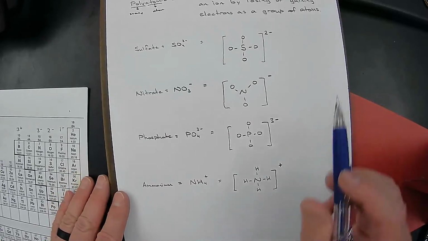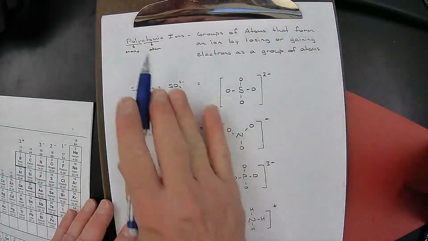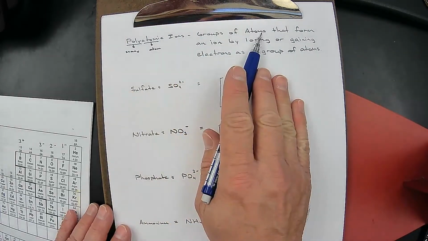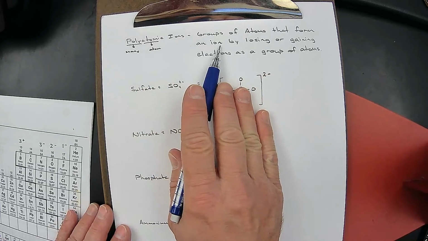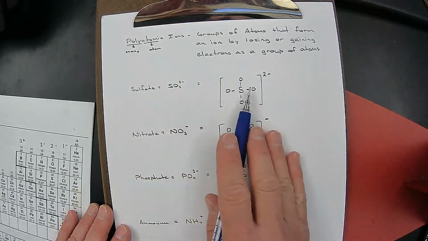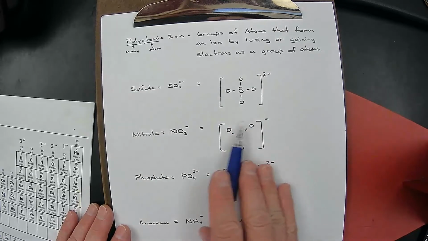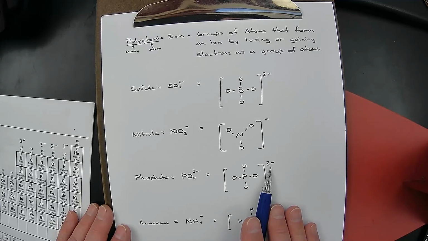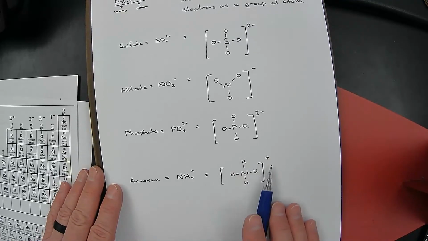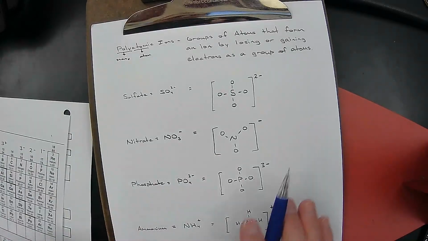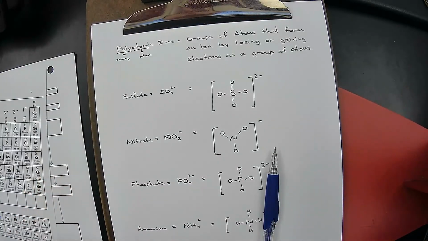But I want to remind you that polyatomic ions are simply a group of atoms that form an ion. Many atoms coming together, and then as a group gaining 2 electrons, or as a group gaining 1, or as a group gaining 3, or as a group losing 1 electron. Polyatomic ions. I hope this helps with understanding polyatomic ions.